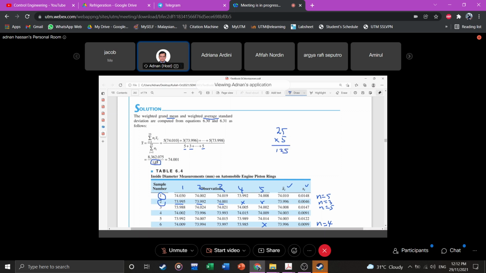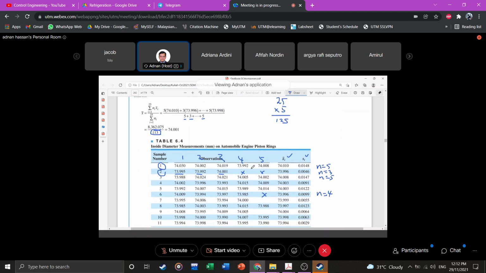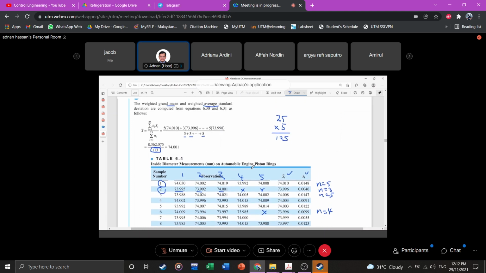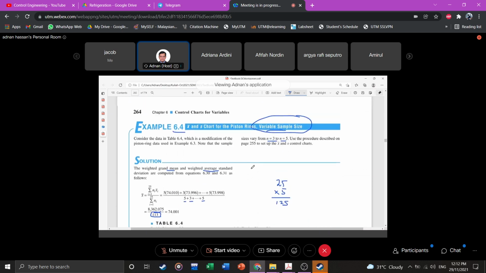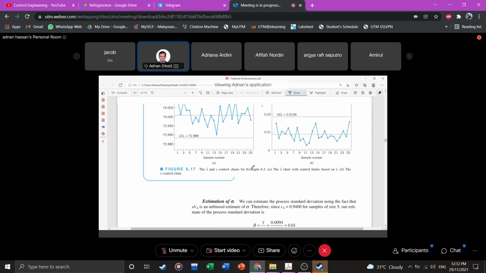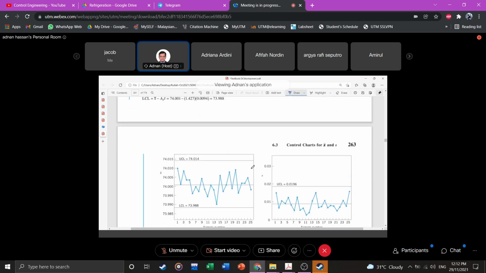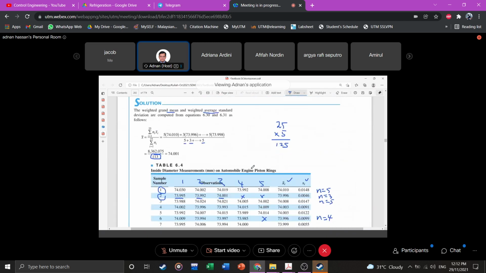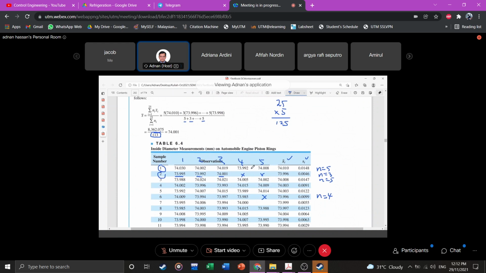The summation is 113, and the total here is also different now. So we get a new center, but luckily the center is the same, 74.01. For the sake of example, they gave the same number to make it easy.